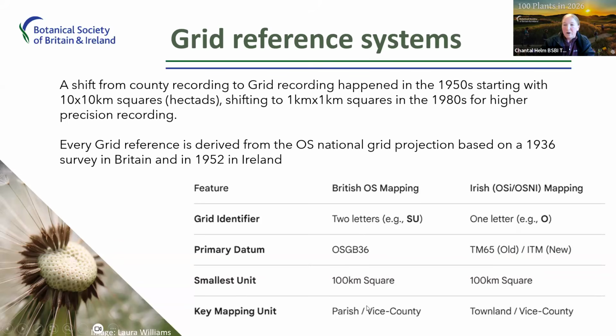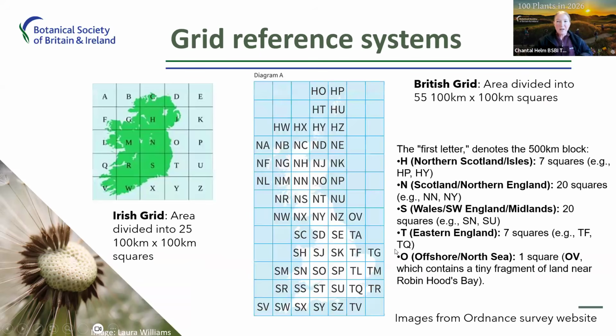Just a table here to summarize the two grid systems. We have 2 letters for the British grid and 1 letter for the Irish grid, and slight differences in terms of the key mapping units, but still Vice County, as we've said. So here we go, showing those 2 grid systems, the Irish grid on the left, and you can see there a single letter.